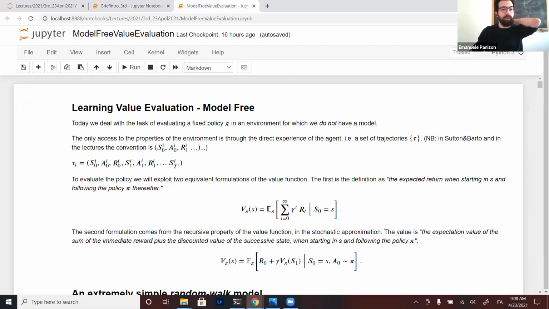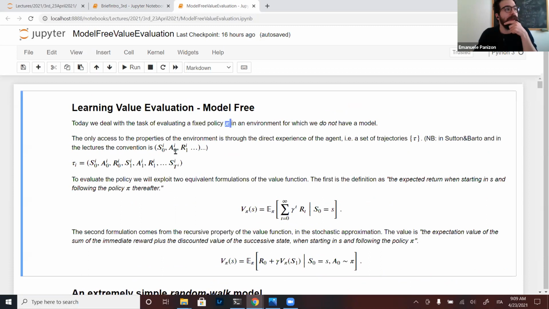Okay, so as I said, the topic now is how to evaluate the value function. We are dealing with a task in which we have a policy, but we have no idea of the underlying model of the environment in which we live. But we can, of course, have some access to it. We have access to it in the form of experience.